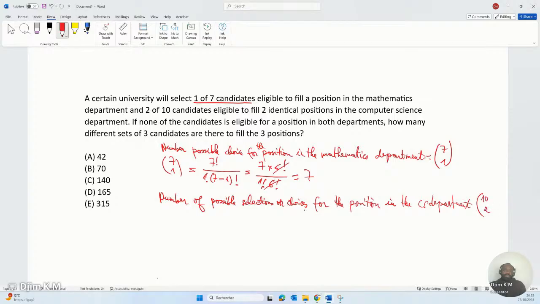So that will be this combination, choose 2 out of 10.